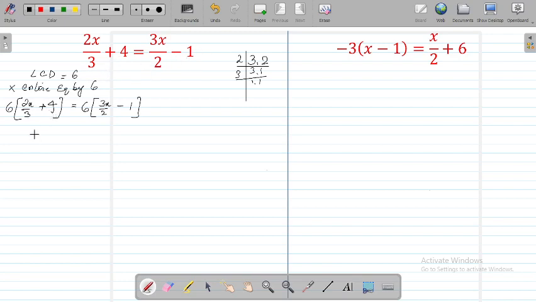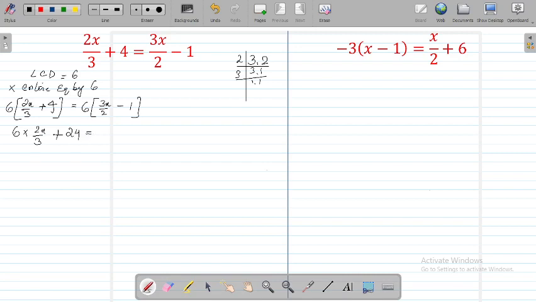Once we have done that, we simplify it. How do we simplify it? It's very simple. 6 multiplied by this ratio 2x upon 3, plus 6 multiplied by 4 will give you 24. 6 into 4 is 24.